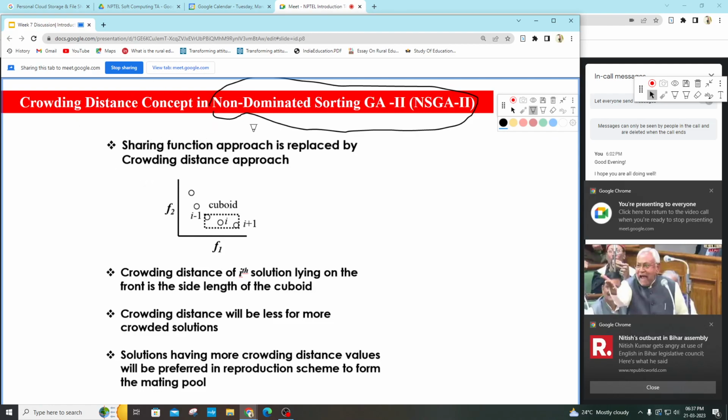So what I was telling is that NSGA-I has some certain limitations. The main limitation was that NSGA-I is taking more time, or it has more time complexity. So to counter that time complexity, the scientists have worked on another genetic algorithm known as non-dominated sorting genetic algorithm 2. In this, they have replaced this sharing function.